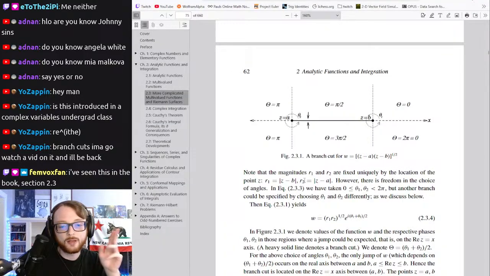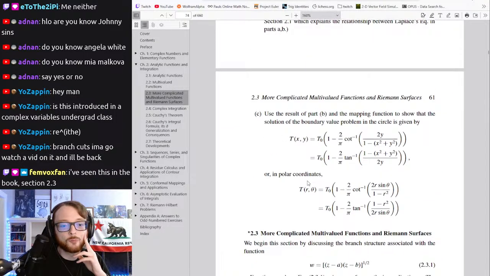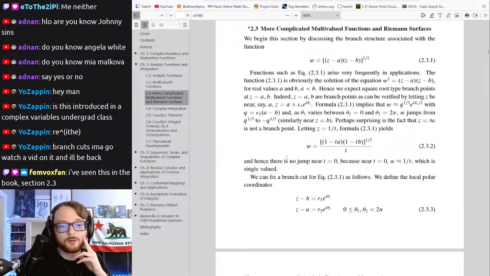So yesterday on my off day, I read through all of 2.3, and the number of clearlies and skipped over steps in this is too damn high, because I really didn't get it.